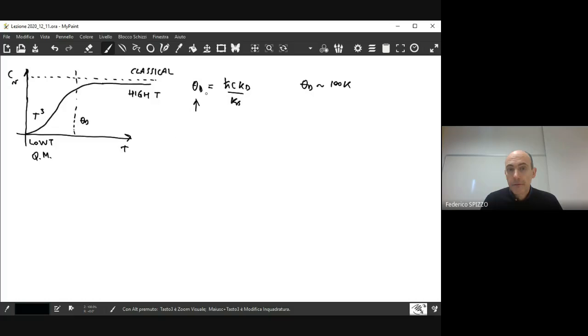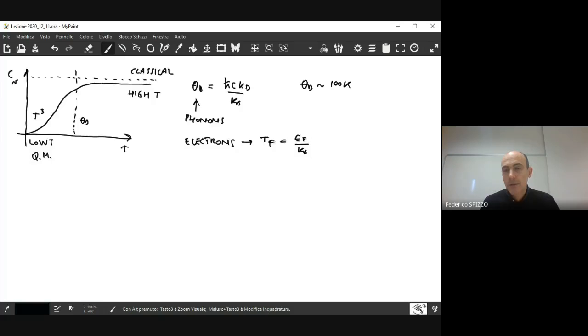The equivalent of the Debye temperature when we studied the electronic system, so this is for phonons, the equivalent for electrons, is the Fermi temperature. The Fermi temperature was obtained by using a similar method: we compared the maximum energy, the Fermi energy for one electron, divided by k_B.